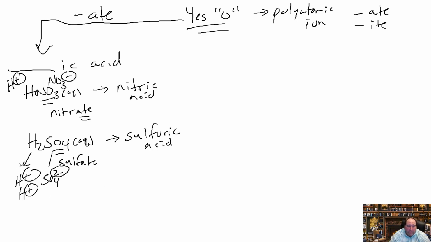Now, if your acid does contain oxygen and your polyatomic ion ends in ITE, your acid would be something OUS acid.